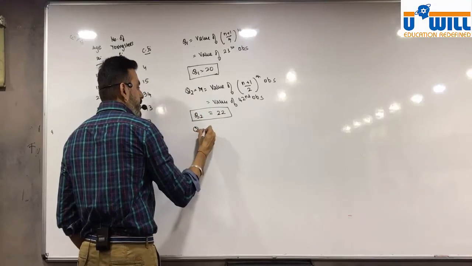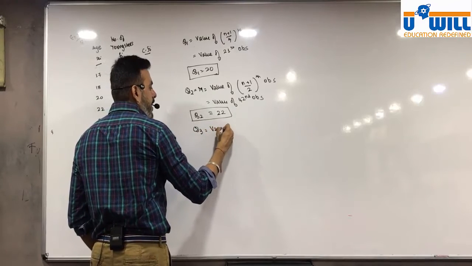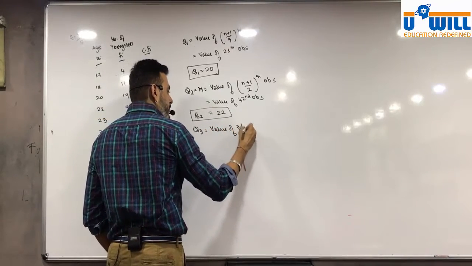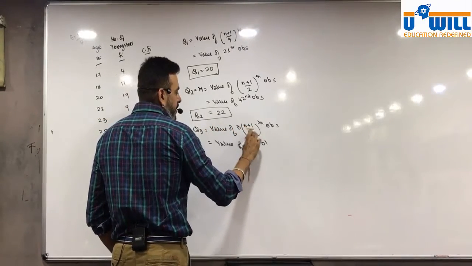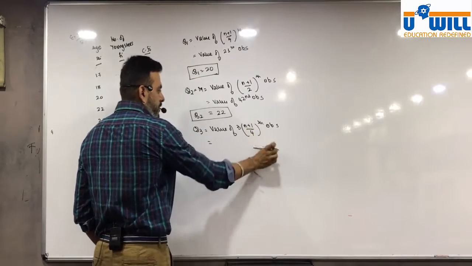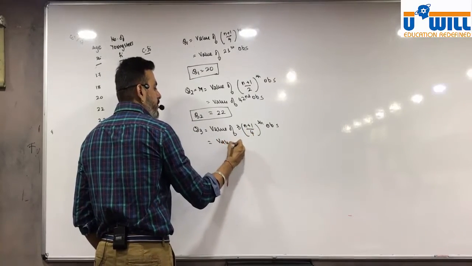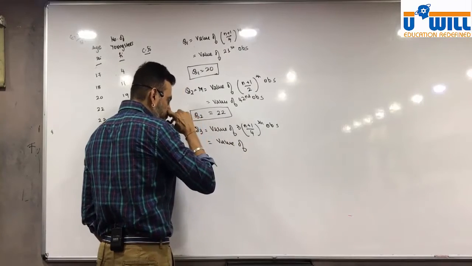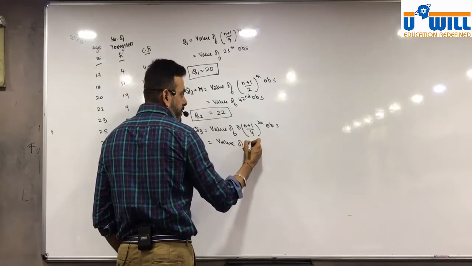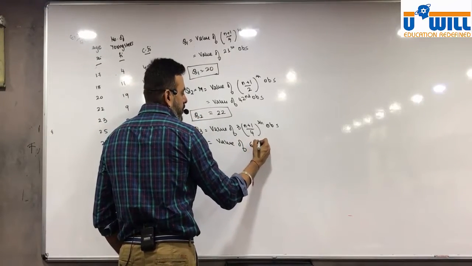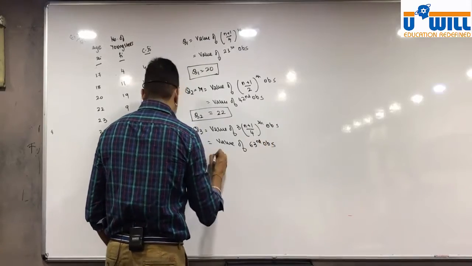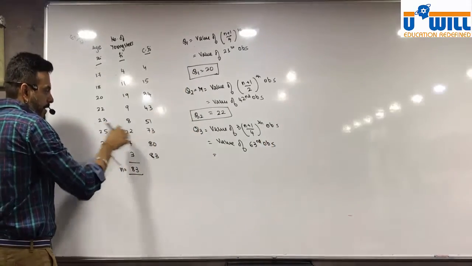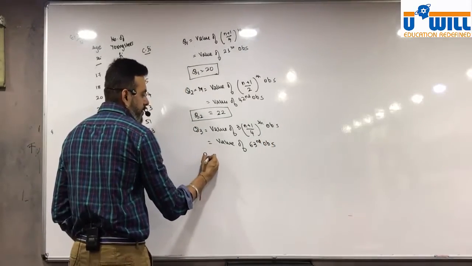And Q3 is equal to the value of (3n plus 1) divided by 4 observation, which is the value of the 63rd observation. The 63rd comes here, so 25.